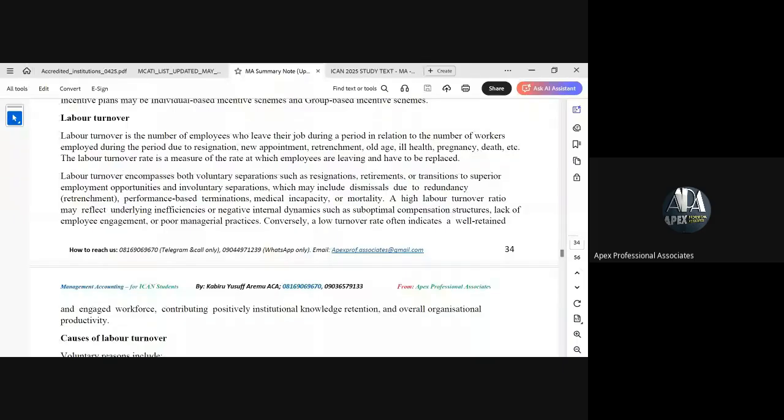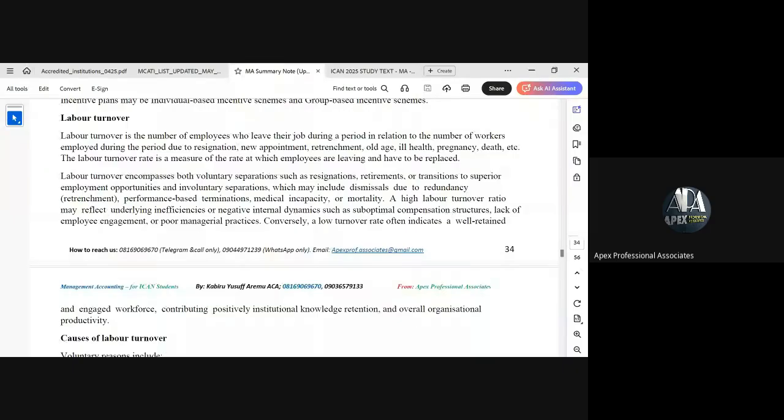Great. Now, at the end of the year, we now have 15 employees. Are you getting what I'm saying? At the end of the year, we have 15 employees. What is our labor turnover?